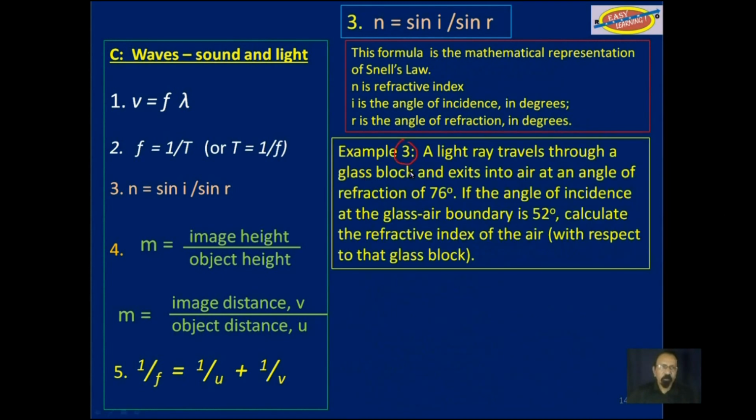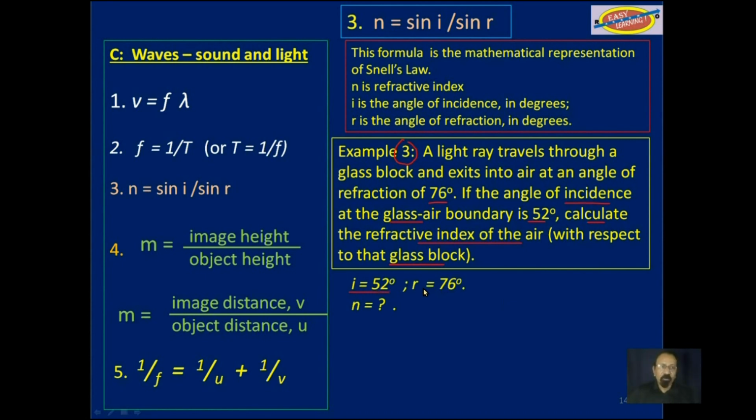Example 3. A light ray travels through a glass block and exits into air at an angle of 76 degrees. If the angle of incidence at the glass air boundary is 52, calculate the refractive index of the air with respect to the glass block. So we know that the angle of incidence is 52 and that is in the glass block.